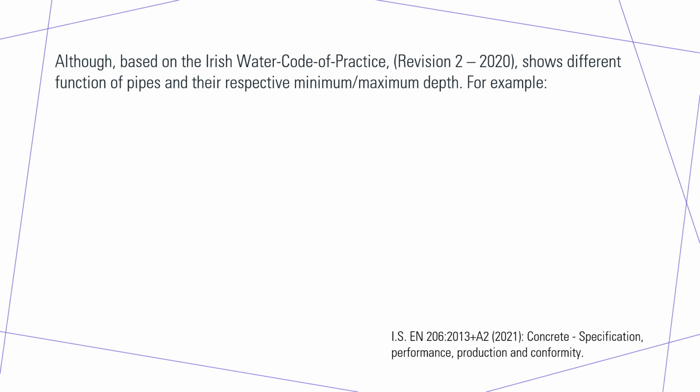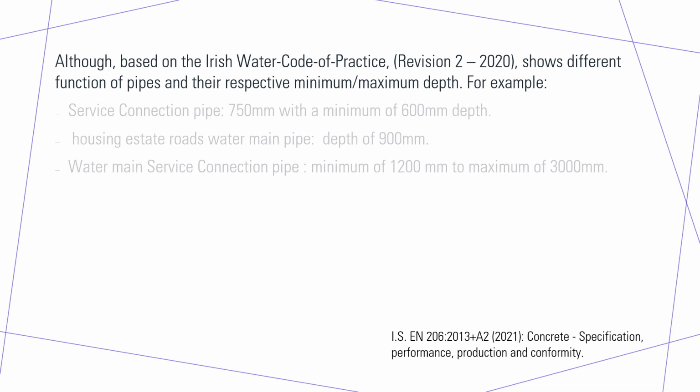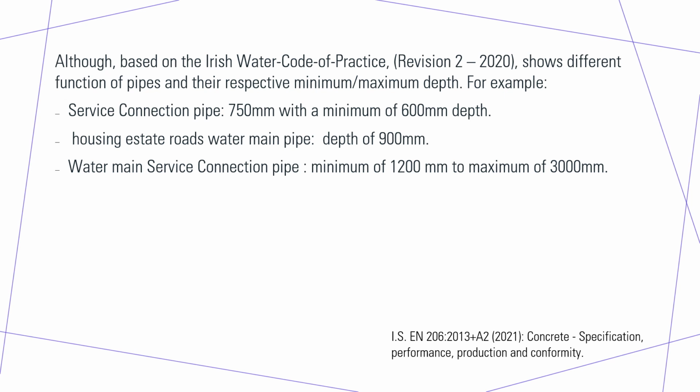Based on the Irish Water Code of Practice revision 2 2020, showing different functions of pipe and the respective minimum and maximum depth. For example, we have the surface connection pipe at 700 millimeter with a minimum of 600 millimeter depth, housing estate with depth of 900 millimeter, water main service with a minimum of 1200 millimeter to a maximum of 3000 millimeter.